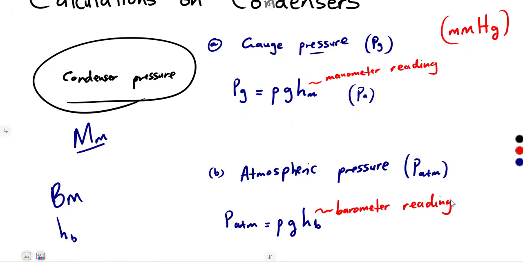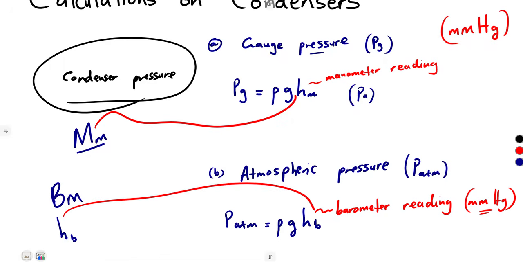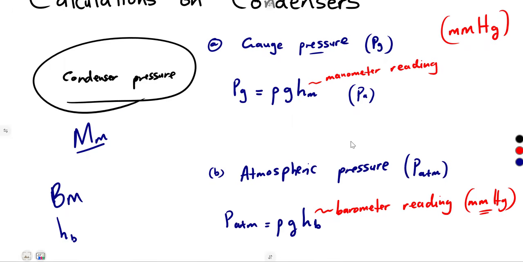So whenever we see these, guys, do not be scared about them. It is still one and the same as what we used to have, manometer reading and barometer reading. So even from your formula sheet, wherever there is MM, you're just going to write HM. This one you're just going to write HB. You're done.